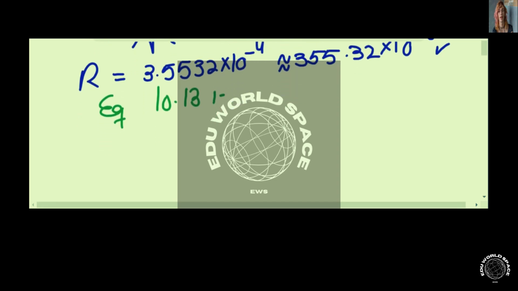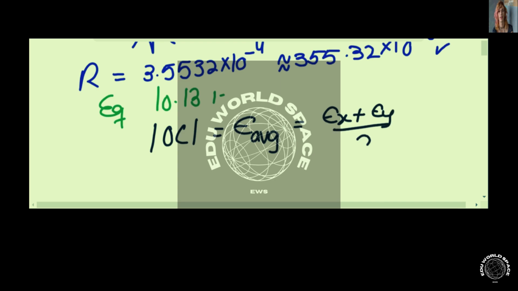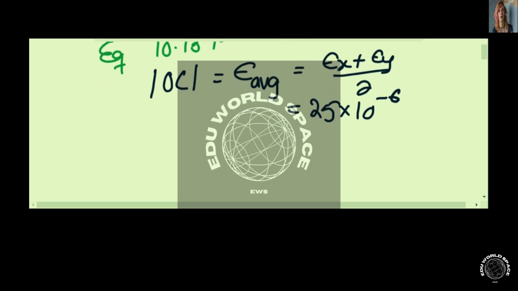So the origin of the axis is equal to the average value of the strain, right? So that is the sum of the strains divided by 2. You have the values, plug them in, and you get that it's equal to 25 into 10 raised to power negative 6, right? Now all we need to do is to graph the circle, right?